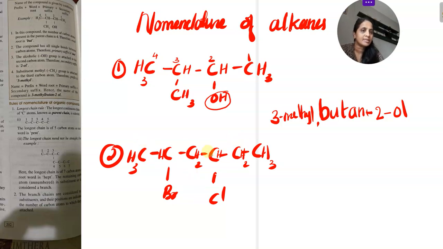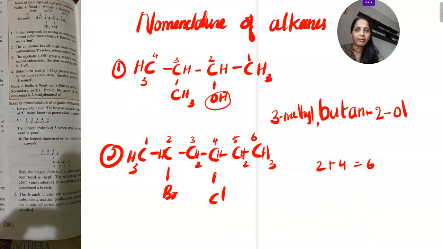As per the IUPAC rule, numbering from both sides, we take the lesser numbering. If I number like this, 1, 2, 3, 4, 5, 6, because two substituent groups are there, we have to consider both groups. Here bromine is at the second position and chlorine is at the fourth position. So the total is 6.